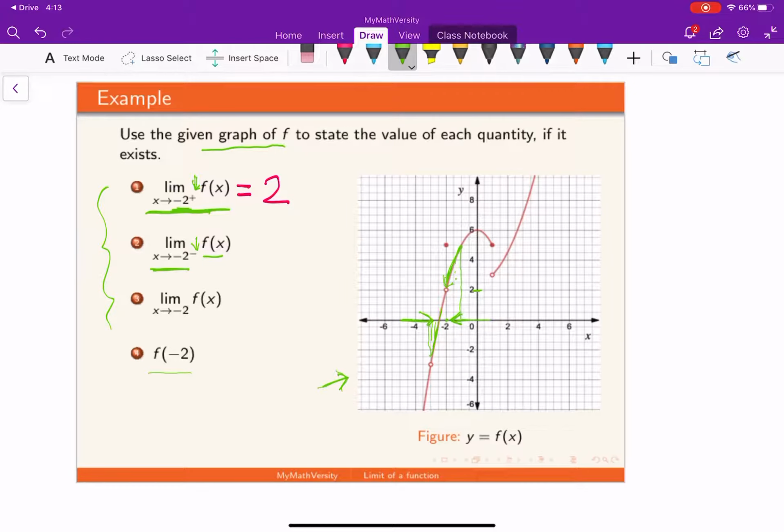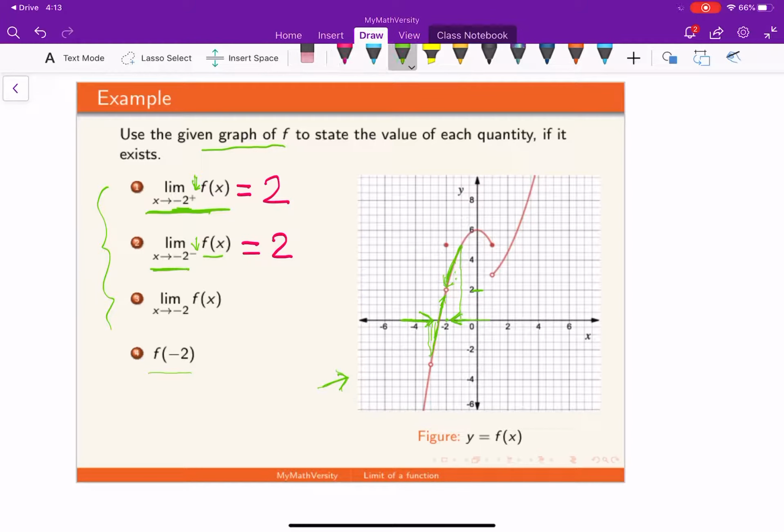Whenever x is getting closer and closer to -2, the y value is getting closer and closer to that hole. Since that hole is at y equal to 2, the left side limit in this case is again equal to 2.